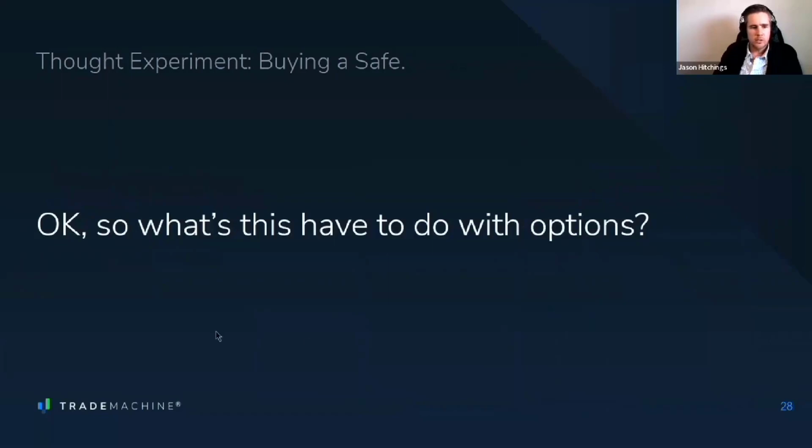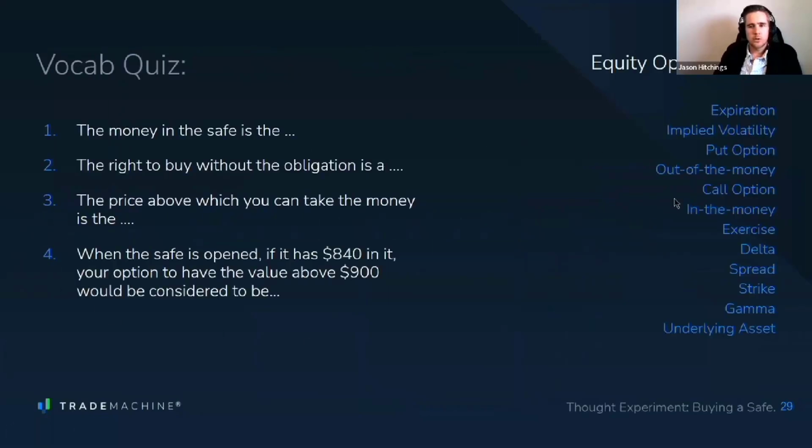Okay, so let's relate this a little bit more to options. Just kind of a vocabulary quiz for some of the equity option terms, let's look at this and map these terms to the options world. So the money in the safe is the what? On the right-hand side, is it the delta or the exercise or the expiration, and the right to buy without the obligation?